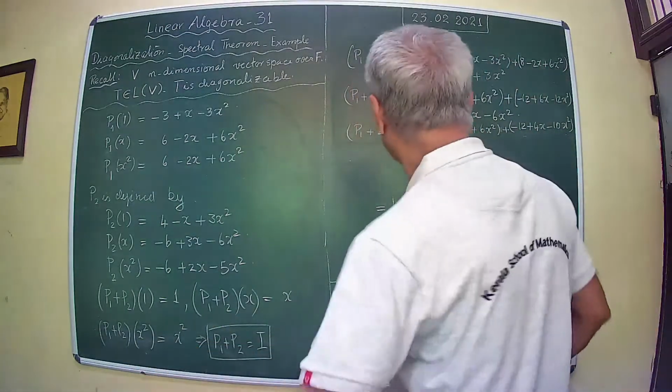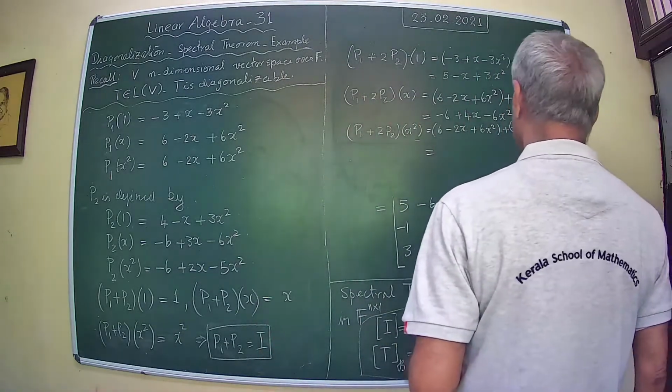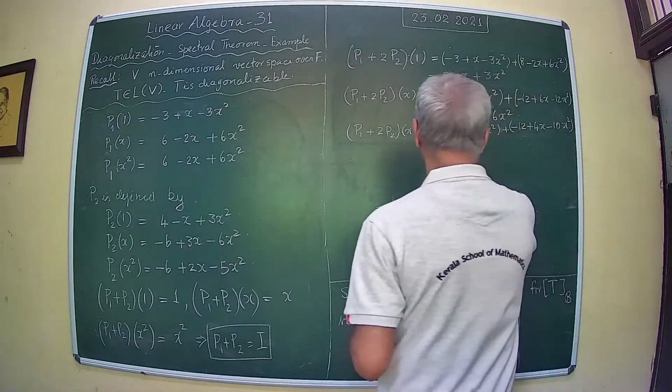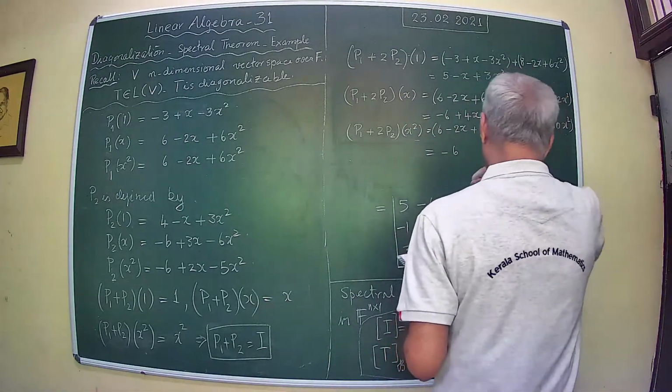If you simplify, it is going to be equal to minus 6 plus 2x.